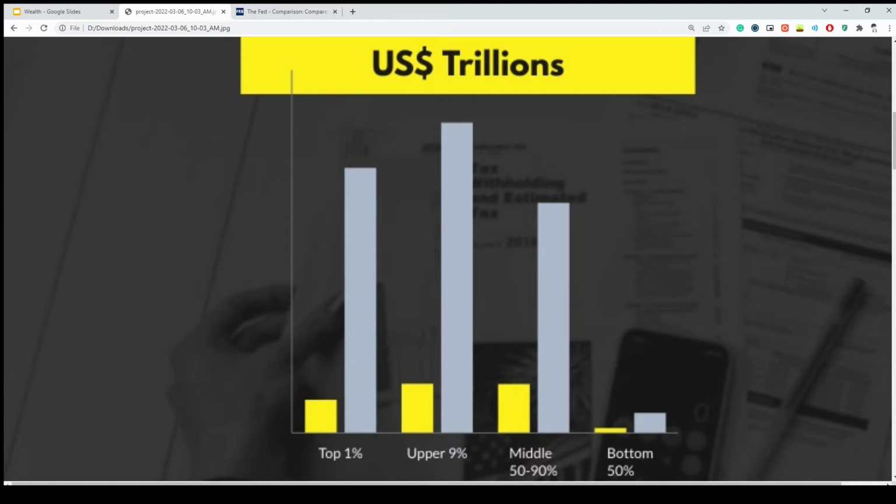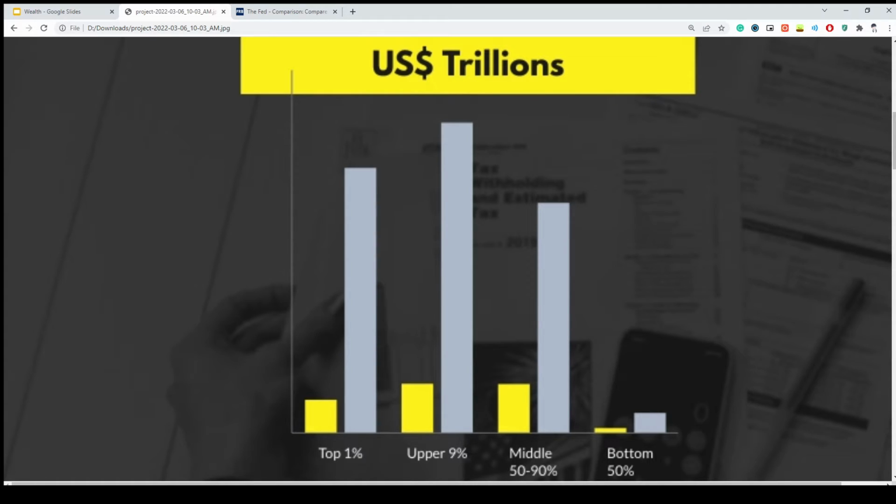In 2021, which is this gray bar, the top 1% owned $44 trillion. The upper 9% held $51 trillion. The middle 50 to 90% had $38 trillion. And the bottom 50% had around $3 trillion, which is roughly 16 times less than the wealth of the top 1%.